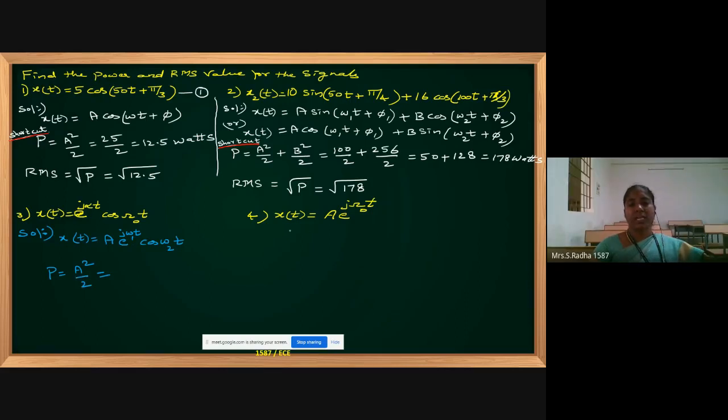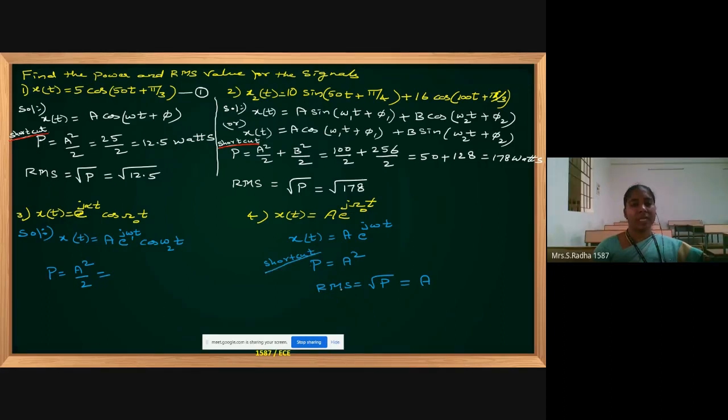So in the second problem, if you see this of the form A e power j omega t, simply exponential is there. In this case, power is A square. Here a constant A is present, no particular value. So A square is the power value, and RMS is nothing but the square root of power, which is nothing but A. This is the shortcut for calculating power.